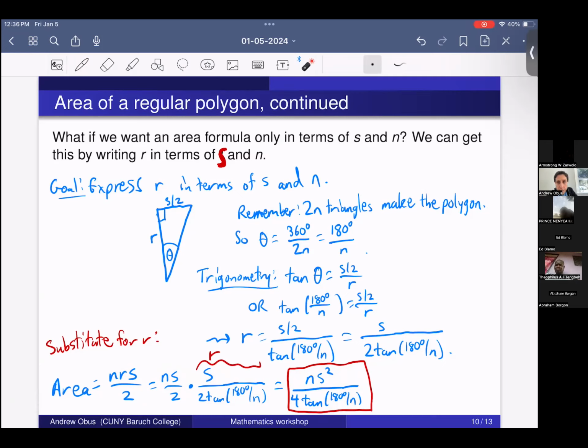Questions on this? We'll do the examples of a triangle and a square on the next page, and that'll be the last thing we do today. But before we go on to the examples, any questions?